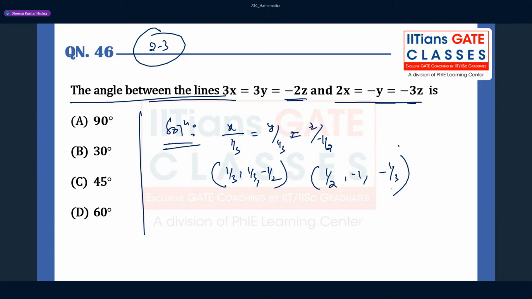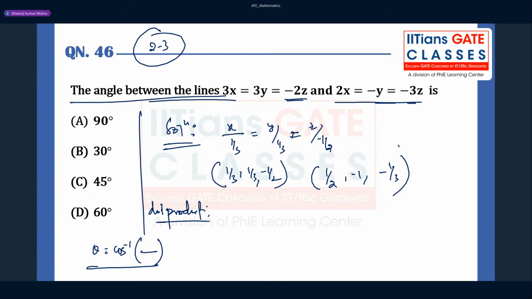Now since you have the direction ratios, take the dot product of the direction ratios of the two lines, because theta is cos inverse of this. So you have to find the dot product first.